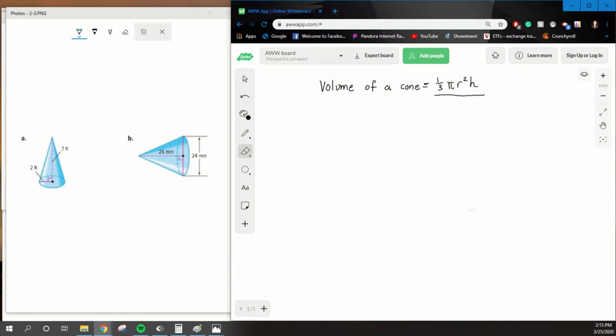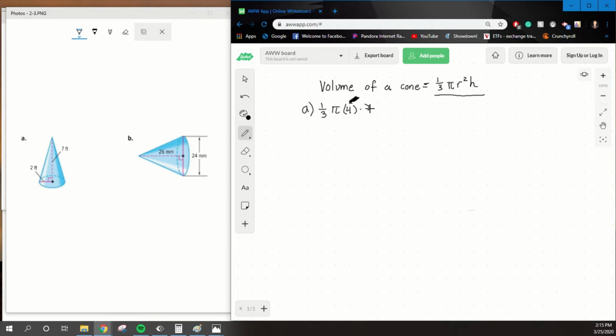So our first one is A. So for A, I have 1/3 times pi times r squared. Our r is 2, so 2 squared is 4. So times 4, the 2 squared is just gone now, I turned it into that 4.